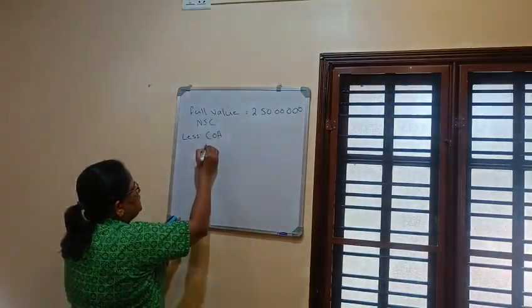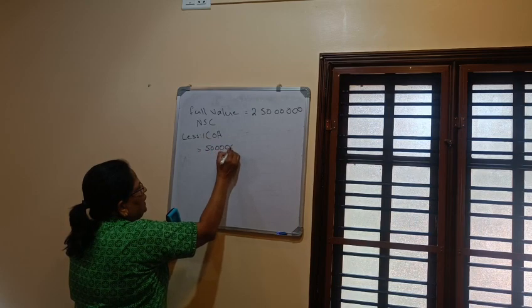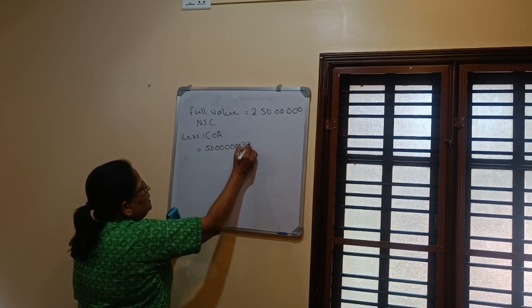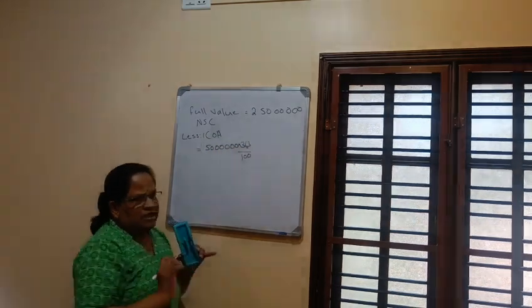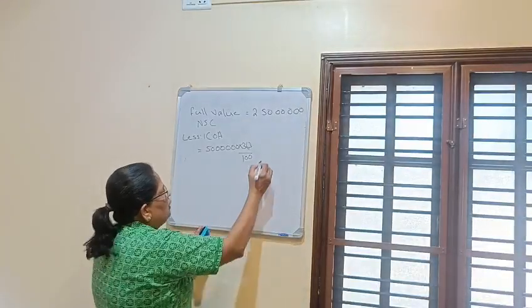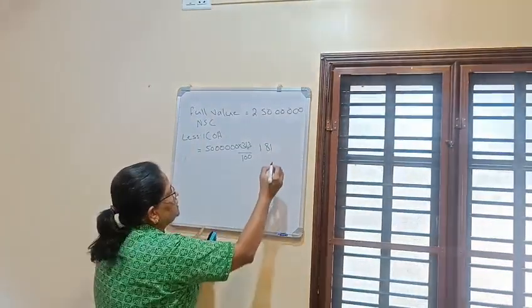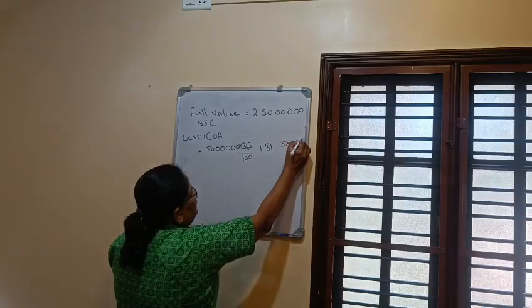So 50 lakhs is taken. Index cost of acquisition is 50 lakhs into 363 divided by 100. There is no index cost of improvement. So this value is 1 crore 81 lakhs 50,000.